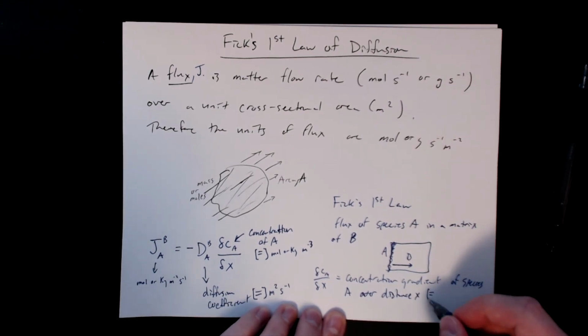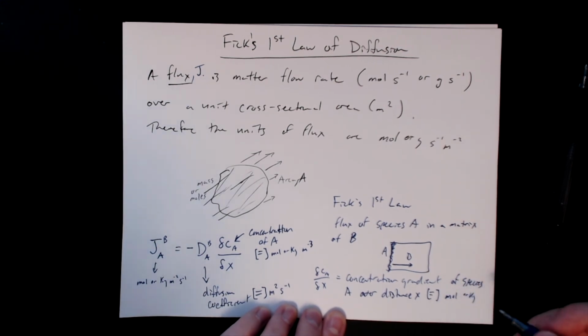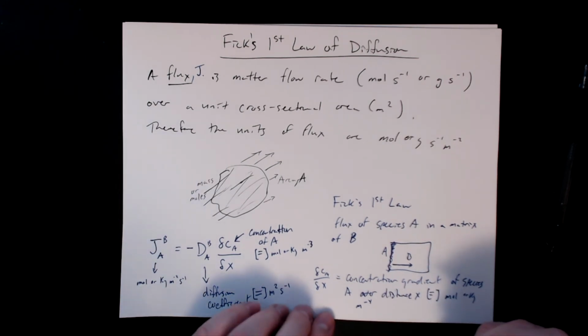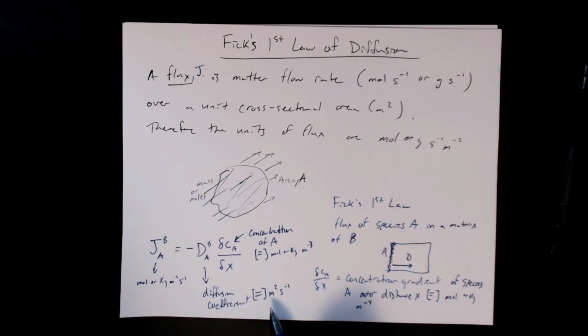And that has units of, again, moles or mass, and then this is actually meter to the fourth in terms of concentration, because we're incorporating the units of concentration with the units of position. So that's where we get the -4 down here.